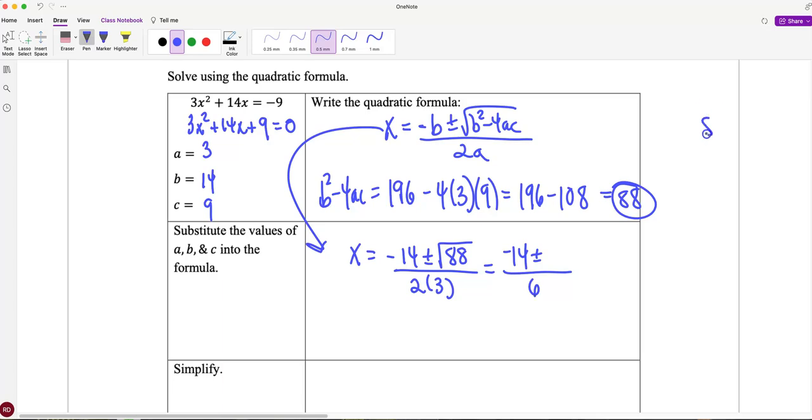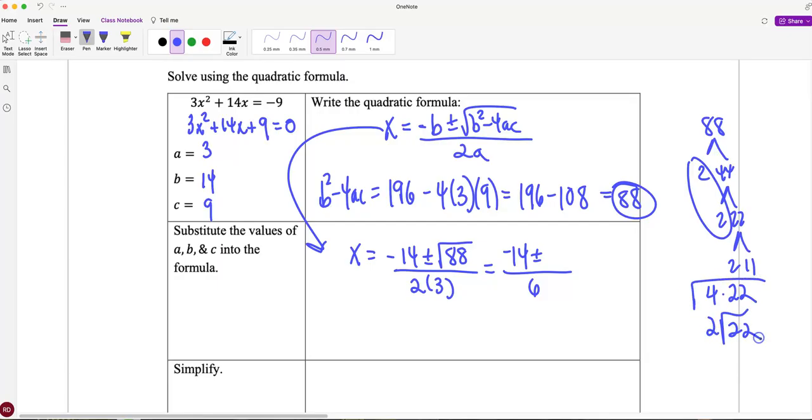So let's look at 88. That is 2 times 44, which is 2 times 22, which is 2 times 11. So there's my perfect square. This is 4 times 22. So the square root of that is going to be 2 root 22. So I get x is negative 14 over 6 plus or minus 2 root 22 over 6, and then simplify.